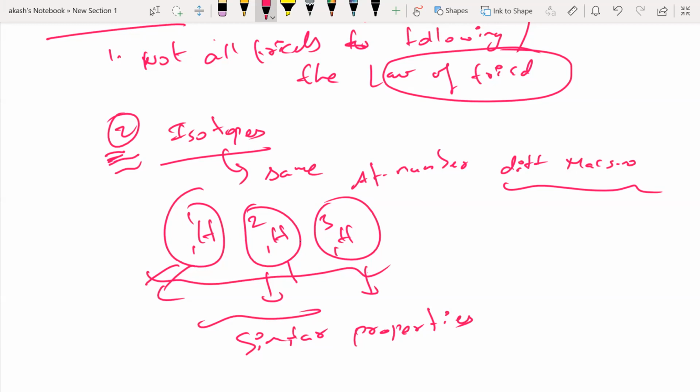But we know that all of them are going to have similar properties. So putting isotopes into the triads will again be a problem. They should have different places, but they're going to have similar properties. All are still hydrogen only, with the same properties as hydrogen.